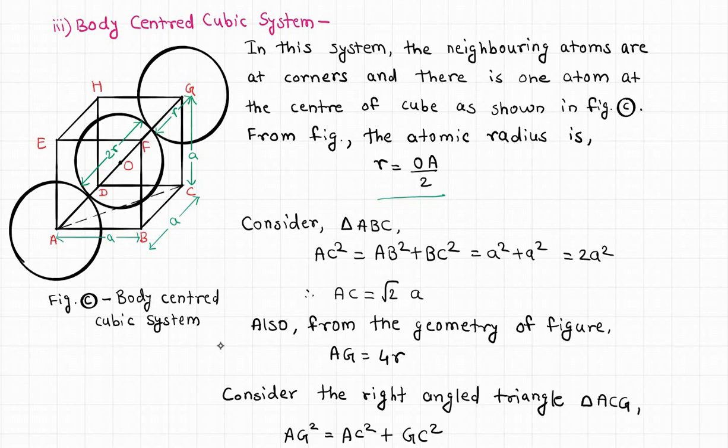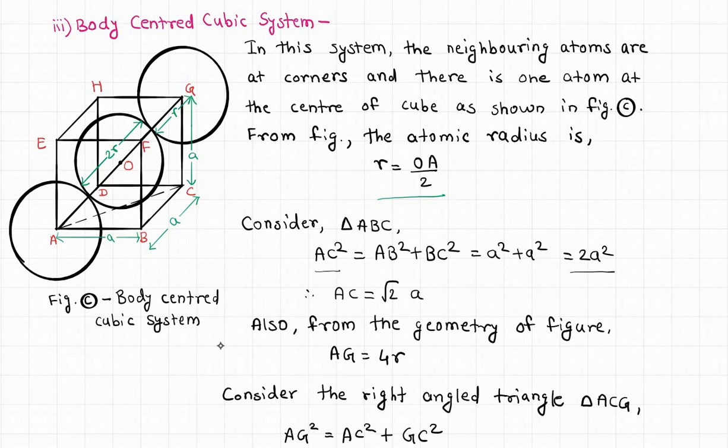Here, we can use Pythagoras theorem. So, AC square is equal to AB square plus BC square. AB and BC are A. Therefore, AC square is equal to A square plus A square, which gives twice A square. Taking square root on both sides, AC is equal to root 2 into A.